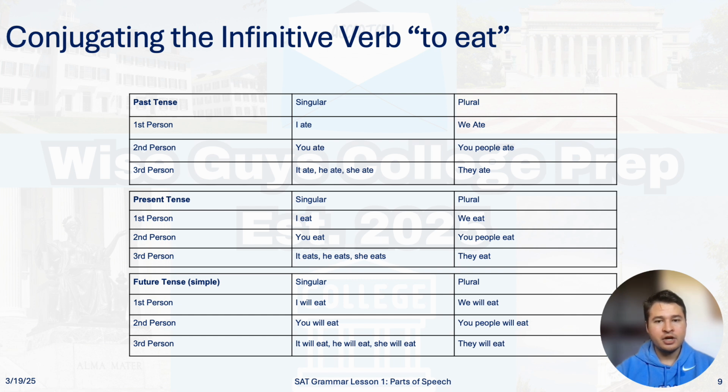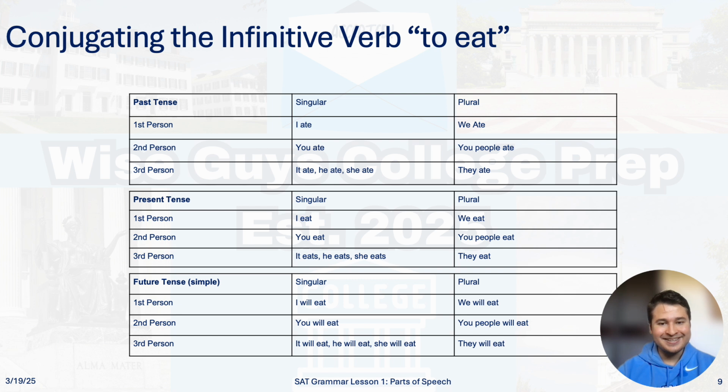Now, conjugating the infinitive verb to eat, okay? There are more extensive ways to conjugate a verb, particularly in its infinitive form, okay? But what you have to do is move on and recognize the 3 main forms that will be helpful for your learning, particularly for the SAT exam, okay?